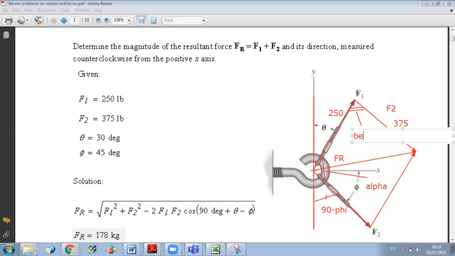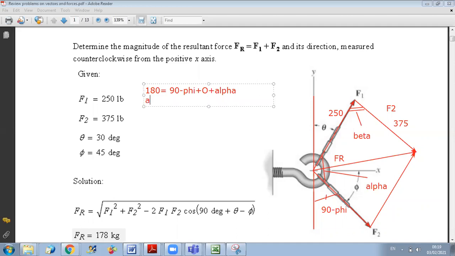So first I will find alpha. To find alpha, I say that 180 is equal to 90 minus φ plus θ and plus alpha. Now I know the value of theta, so I can calculate alpha.